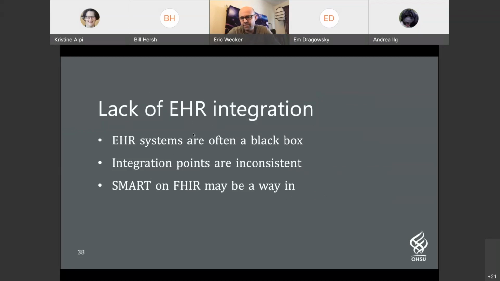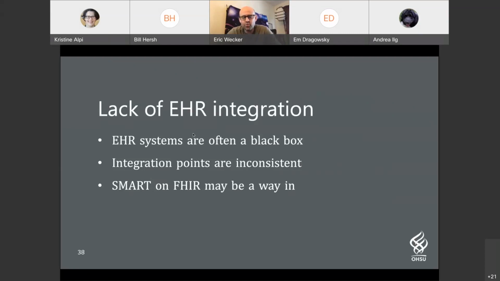Essentially, if you are not an employee of the institution utilizing the EHR, if you're not a clinician, you just won't get to see what you're working with. And so the integration points of where these info buttons can be placed, or how the product actually interfaces with the EHR when it faces the user, is inconsistent.